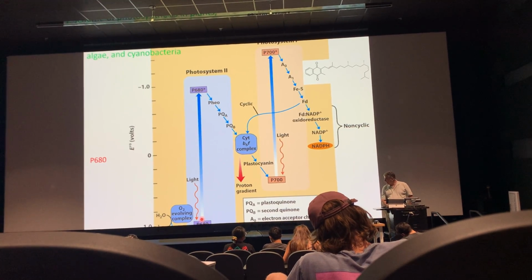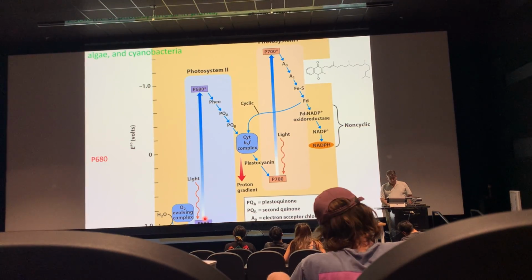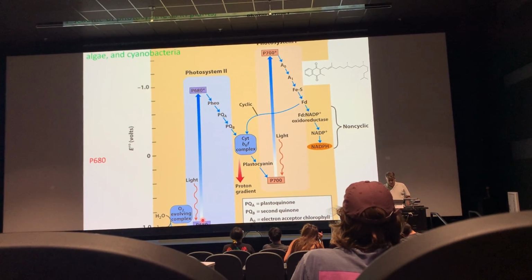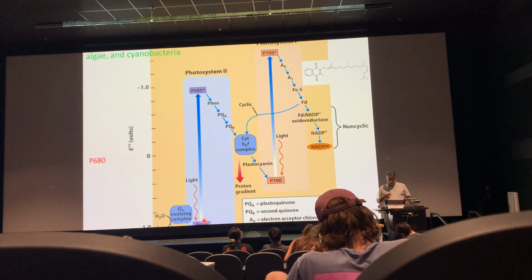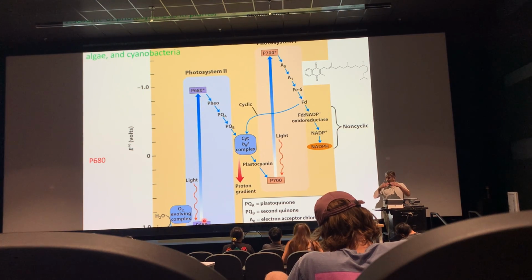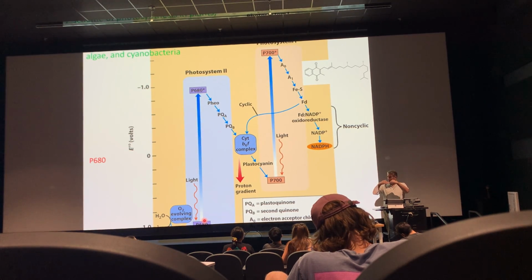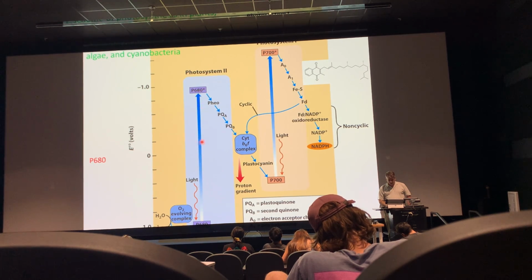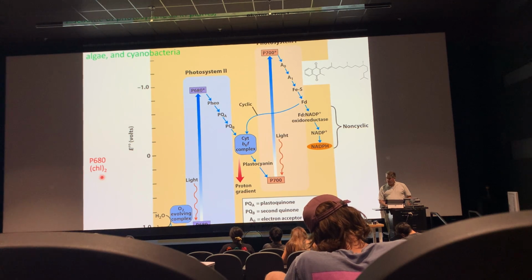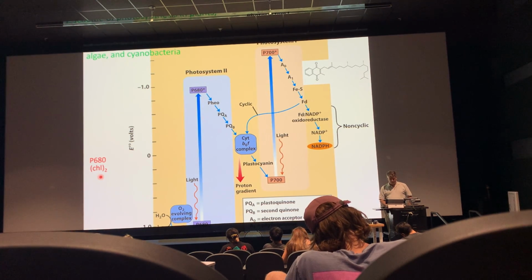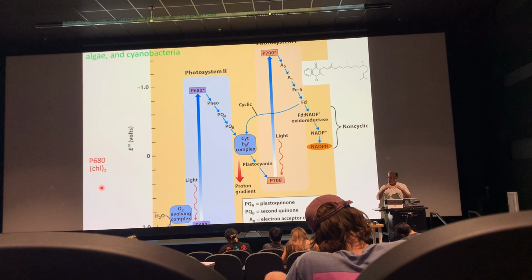P680 is this guy down here that we can barely see on the screen. If I'm P680, once again, I've got two chlorophylls in my reaction center acting as one, popping one electron up to this higher energy state. So we can say P680, you are a chlorophyll dimer. CHL stands for chlorophyll. There's two of them held by proteins so close together they act as one.